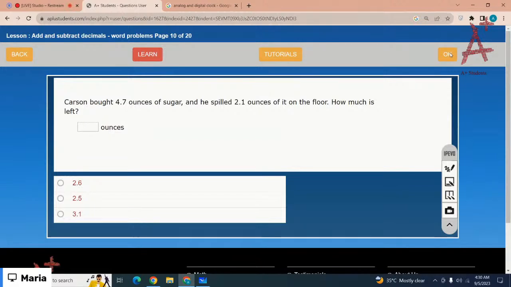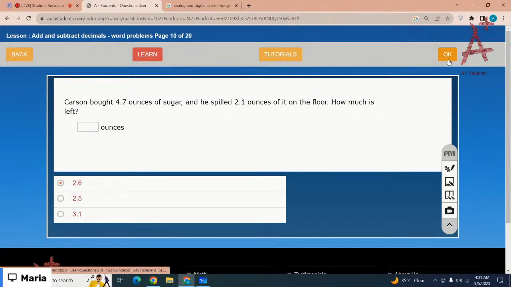We have to subtract, right? 4.7 minus 2.1 is... You have to subtract, so it would be 2.6, right?